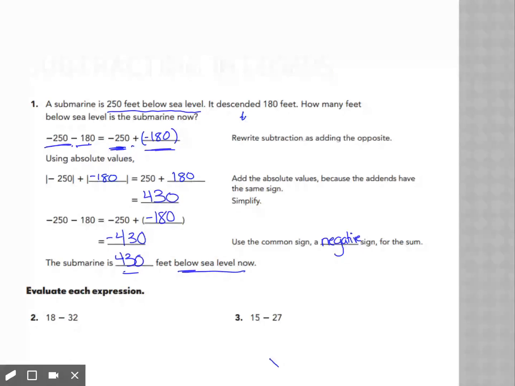So let's do some practice problems now. 18 minus 32. First step, keep my first number the same, change subtraction to addition, and change my last number to its inverse. So here I have 32. This becomes a -32. So now we're going to follow the rules, of course, and use absolute value. The absolute value of 18 equals 18, and the absolute value of -32 equals 32.